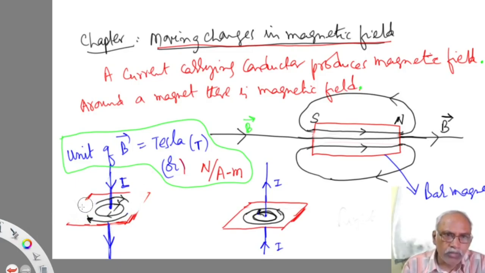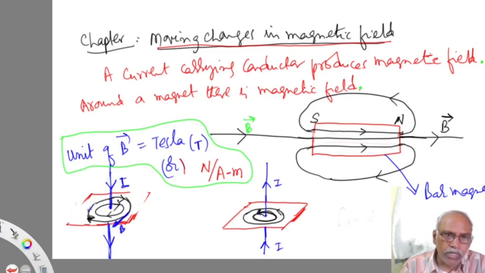This is the line. You have to draw the tangent in the direction. The tangent here is in this direction. This is B bar.